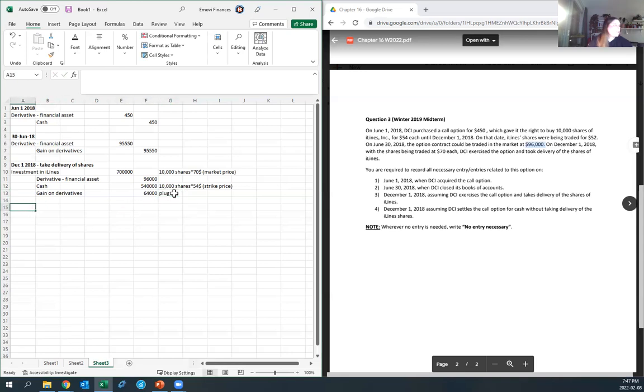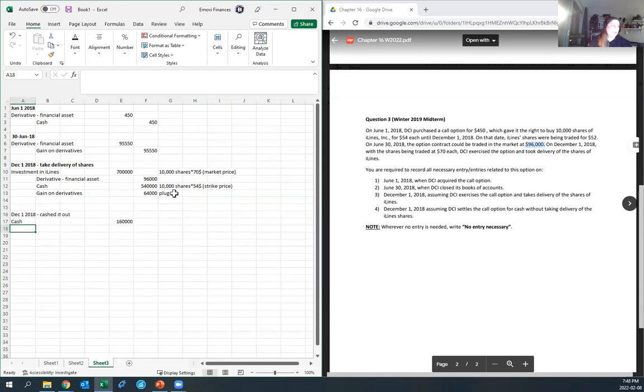Now on December 1st, if they didn't take delivery of the shares and they just cashed it out, they're going to receive cash for the number of shares times the difference between the market price of $70 minus the strike price of $54.